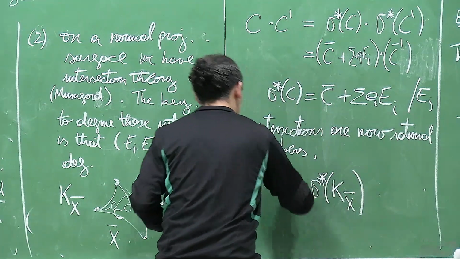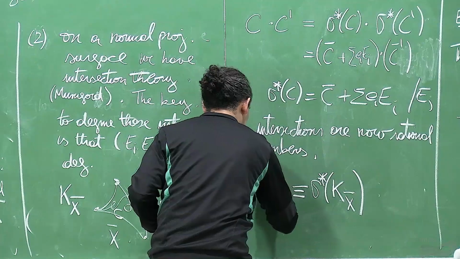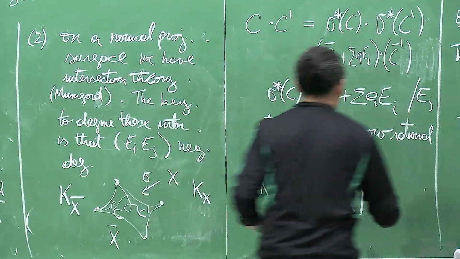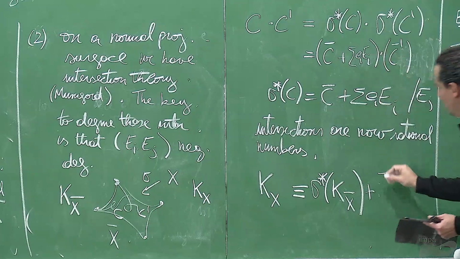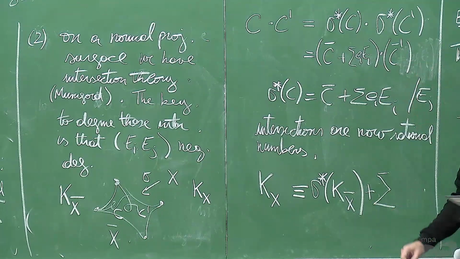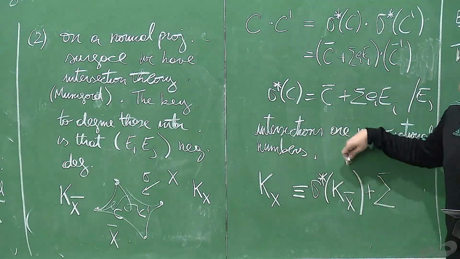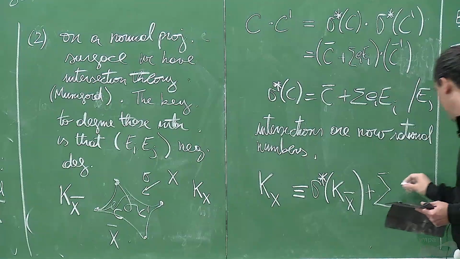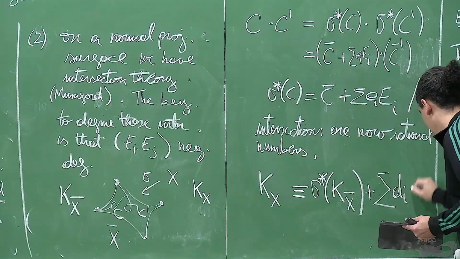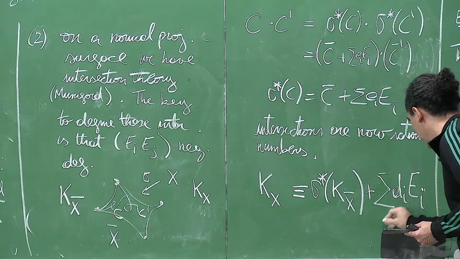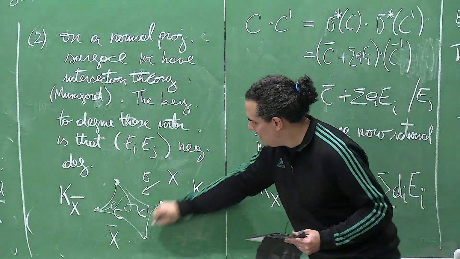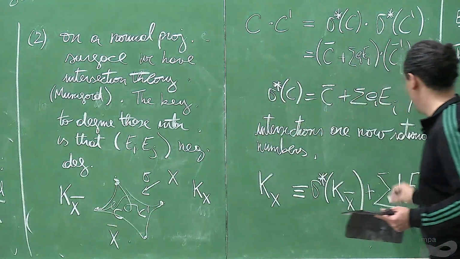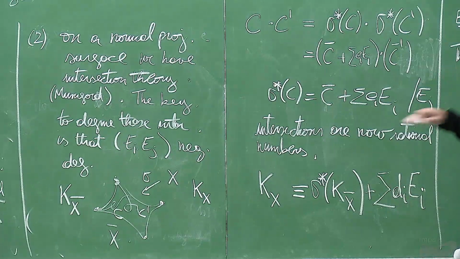This is going to be numerically the canonical class upstairs. But now here you need to put, like in here, these numbers, which are the discrepancies between these two canonical divisors. And these are the discrepancies that appear with the EIs. Here I'm thinking about several singularities, so this is maybe a double sum on EIs for the different singularities.